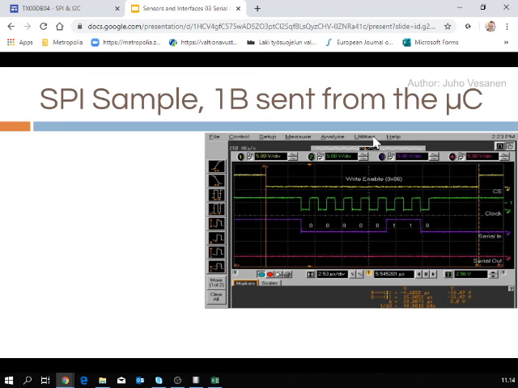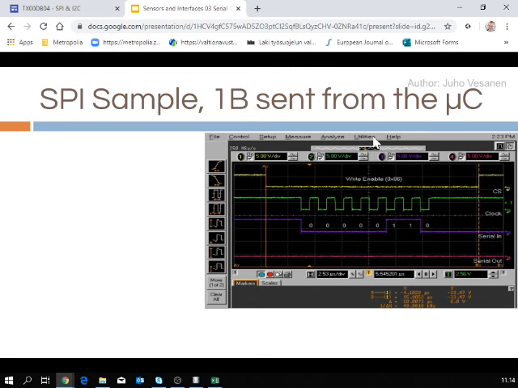And basically it has sent either hexadecimal 0, that's 6, right? Yeah, or 6, 0.